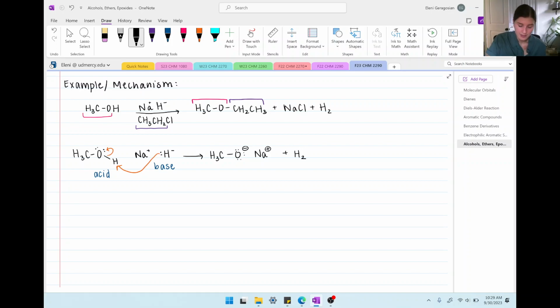Now we have a negatively charged oxygen in the presence of the alkyl halide. So I'm going to draw out this alkyl halide now. I'm going to emphasize these carbon bonds.